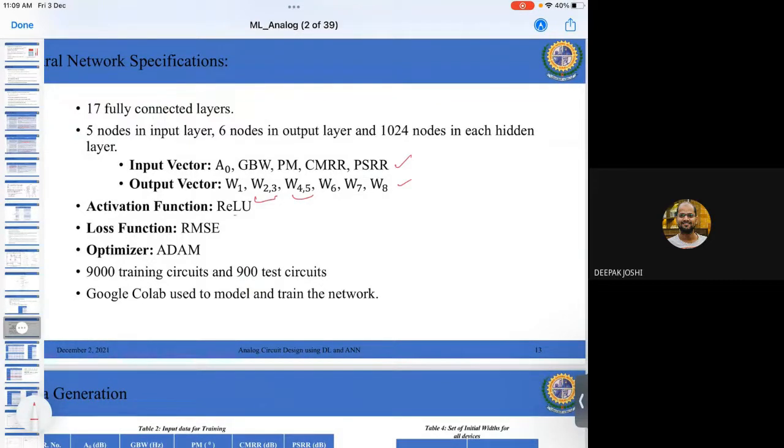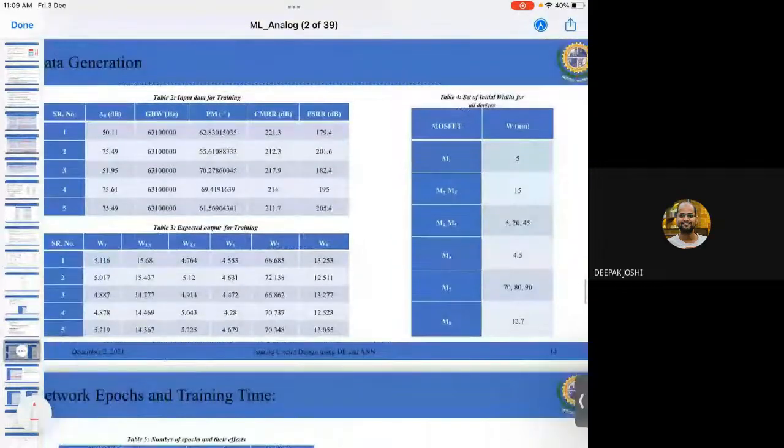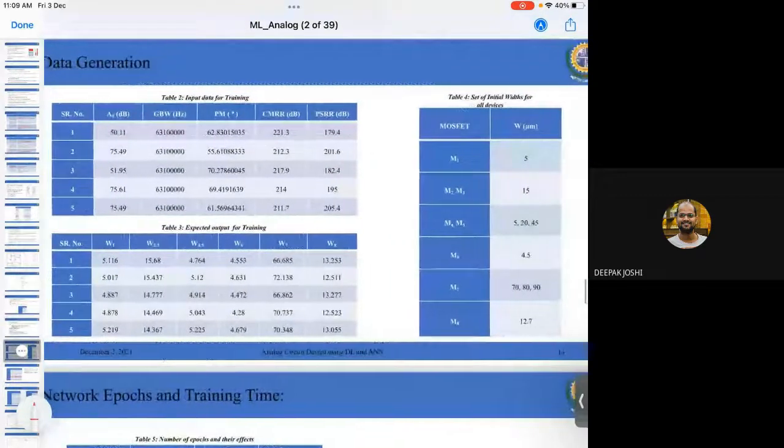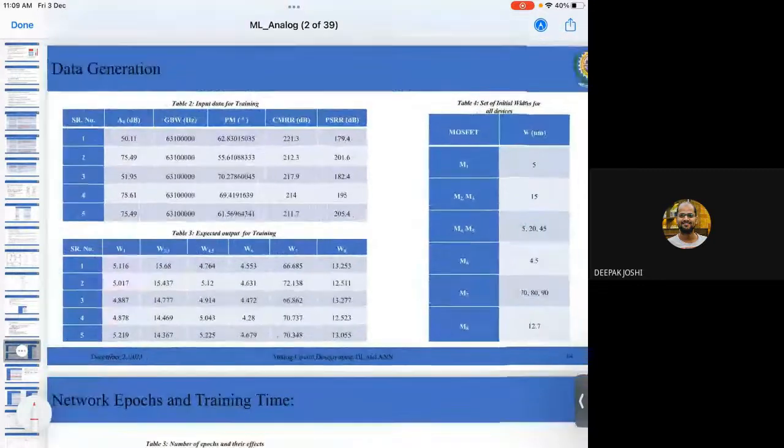So the activation function is this one, and the number of tests, and the environment used is Google Colab. Okay, so most of the part is done by my student, but still I'll try to explain it.